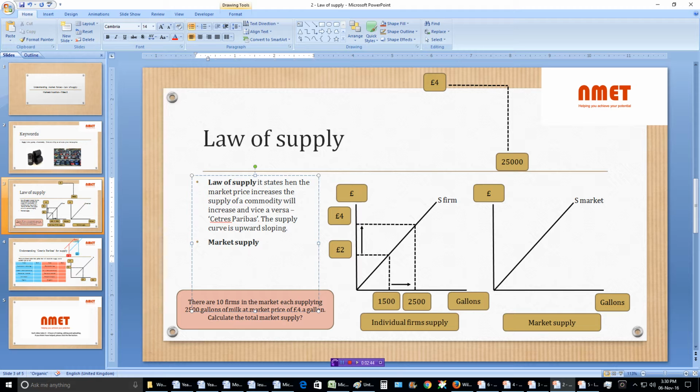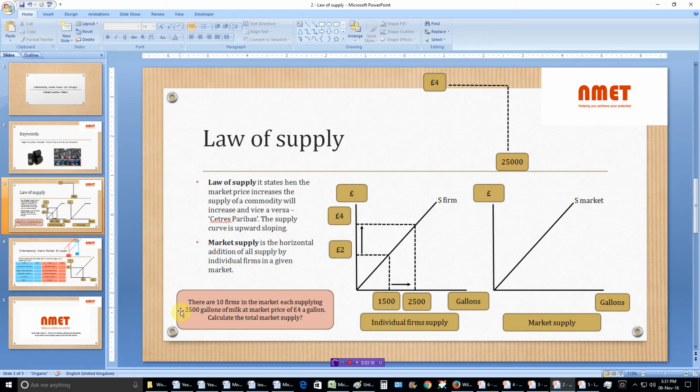Similarly, like we learned in our first video about demand, market supply is the horizontal addition of all supply by individual firms in a given market.